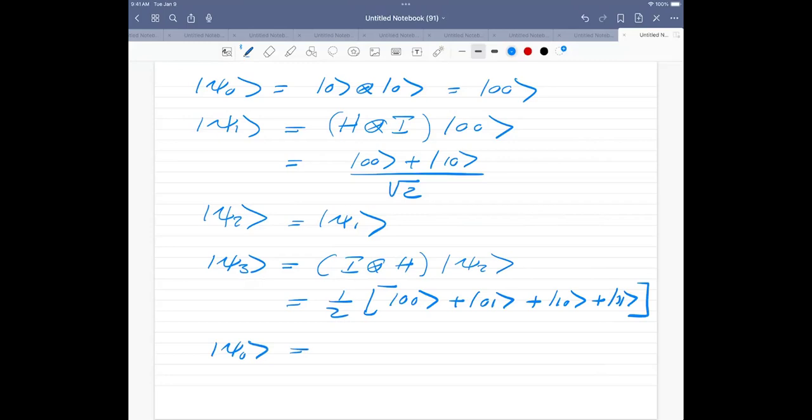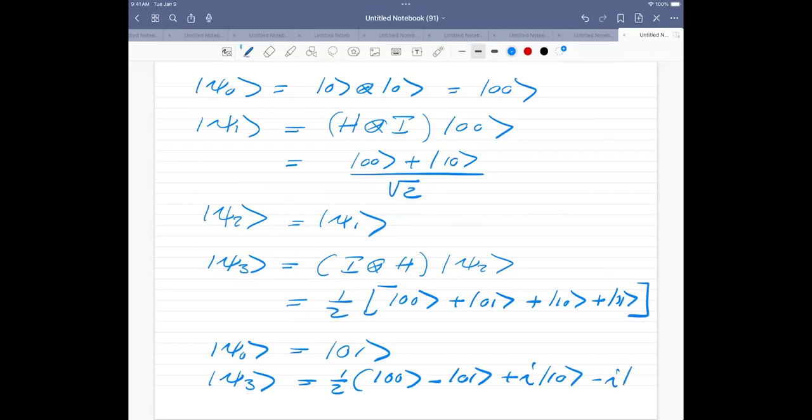You can do the same thing in case your psi 0, and I'm just going to write them down, is equal to |0,1>. Then what you will find is that psi 3, when you perform these operations, is given by 1/2 of |0,0> minus |0,1> plus i |1,0>, and then minus i |1,1>.